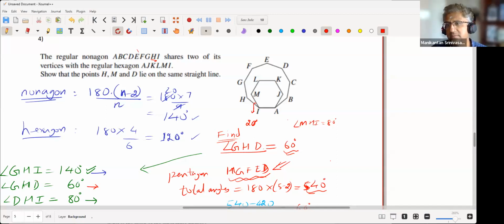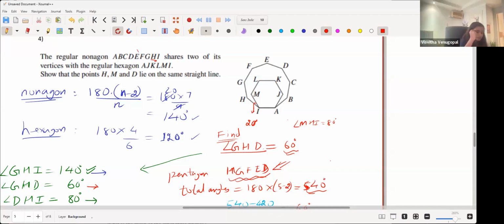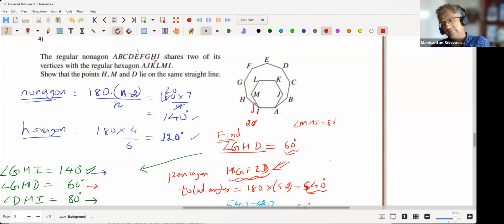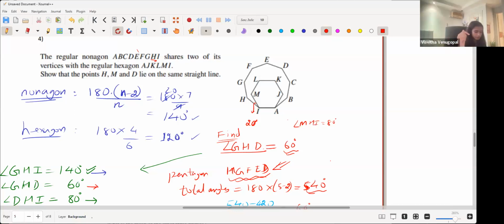And then I did HML plus DML equals 180, like the angles. So if angle HMI is 80, and then the line goes through that, right?